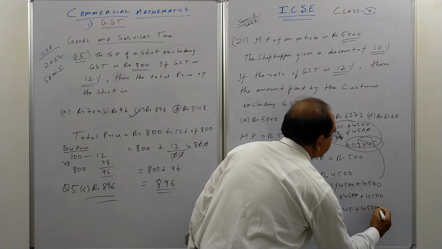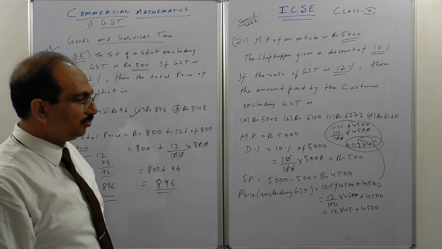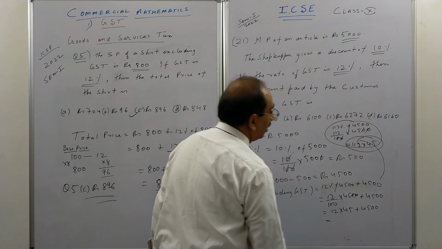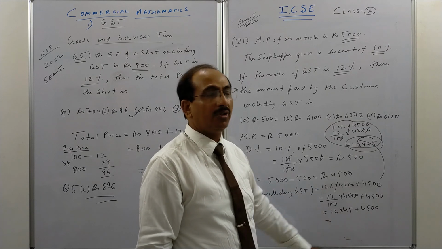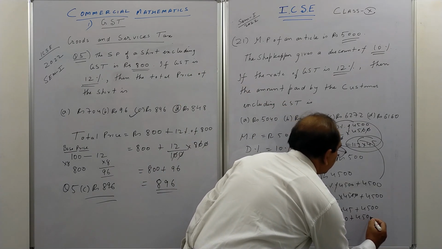If you do 12 into 45, you will get 45 tens is 450 and 2 into 45 is 90. This you will get 540 plus 4500.